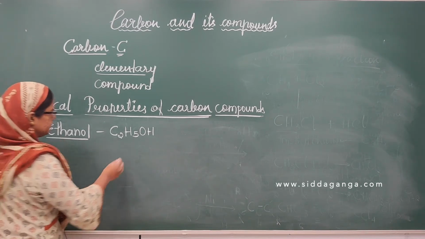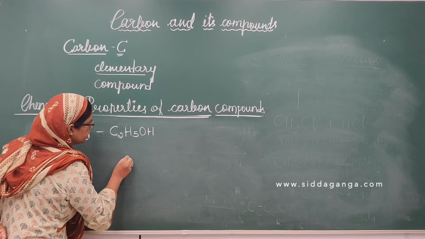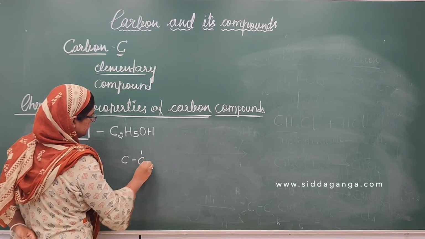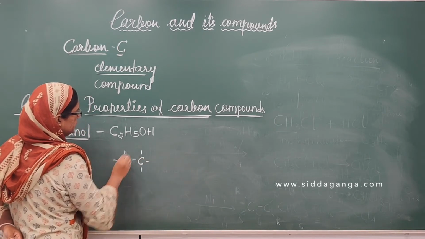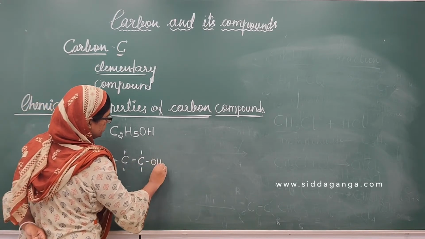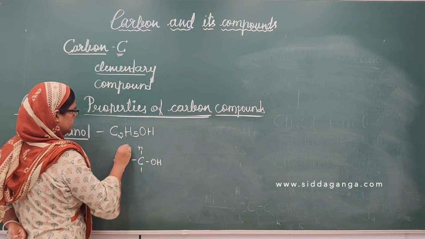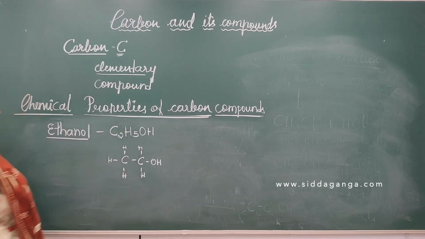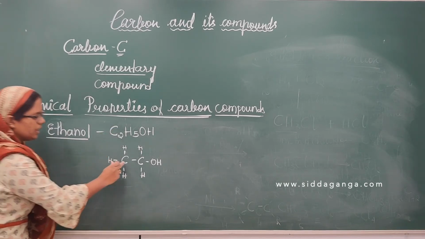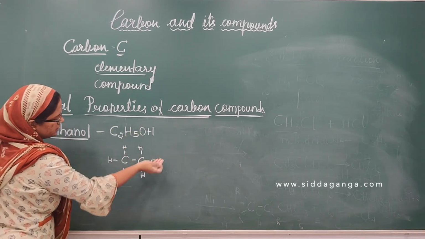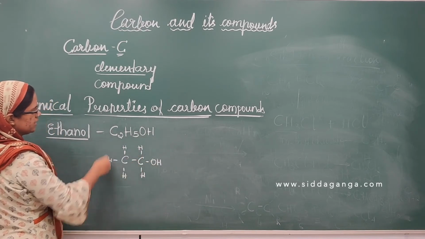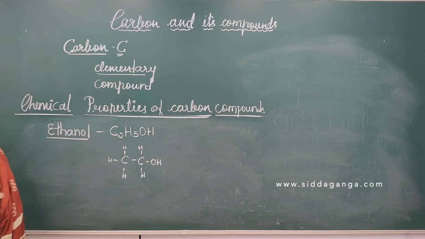Structural formula means 2 carbon atoms. Functional group is OH. So this is ethanol. It has 2 carbon atoms, the OH functional group, and the carbon valency has to be satisfied with hydrogen.